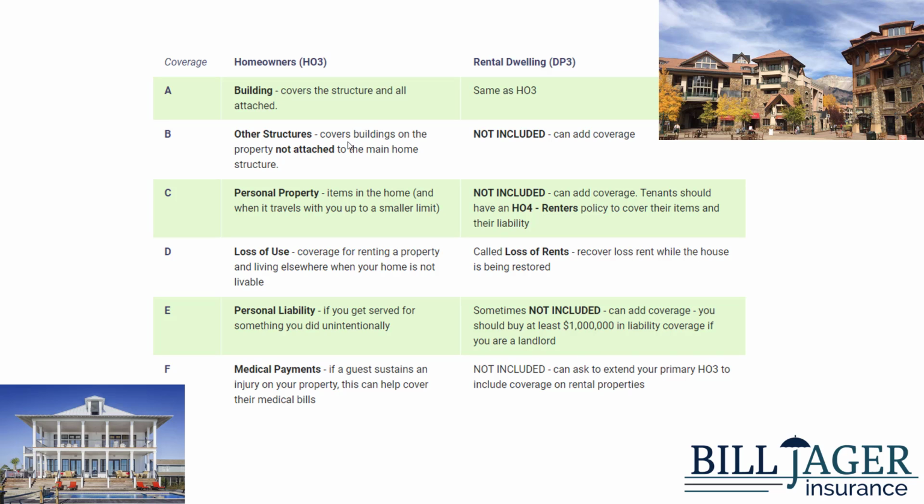Then we go down to personal property, coverage C. Items in the home, and when it travels with you up to a small limit, personal property is going to be covered. When you go over to rental houses or rental units, as a landlord, they're not included, but they can be added. Tenants should have their own renter's policy, and it is becoming more and more common.